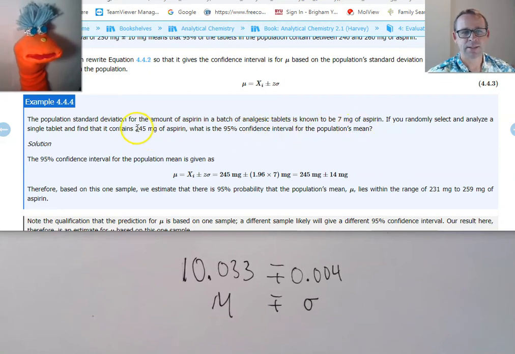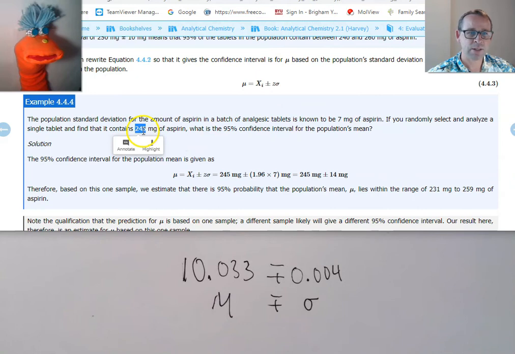You can just take that single measurement. If you know that the standard deviation for the population is 7, you can take that single measurement and use the 7 as its standard deviation, right? Because somebody already measured it lots and lots of times and found a deviation of 7.